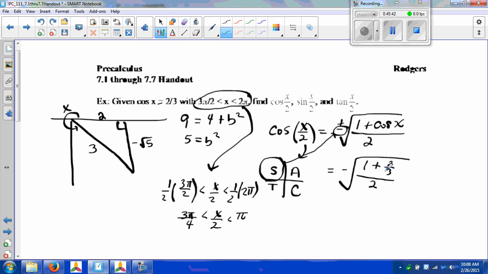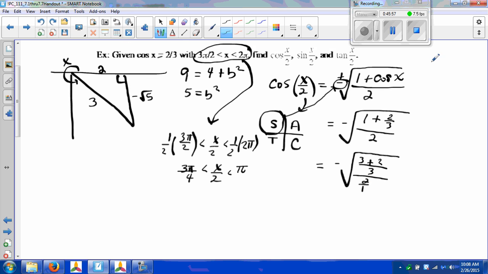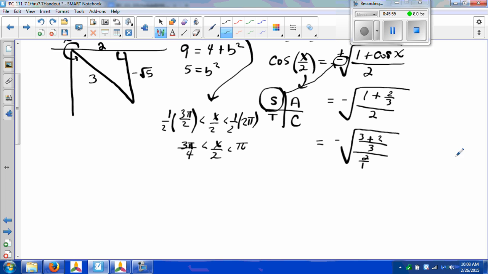And then no fractions over fractions, so that's negative square root of 3 plus 2 over 3 over 2 over 1. And that is negative square root of 5 over, now flip and multiply that, and I get 5 over 6.